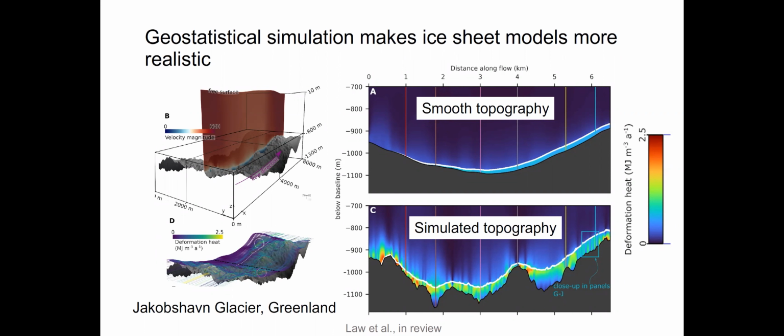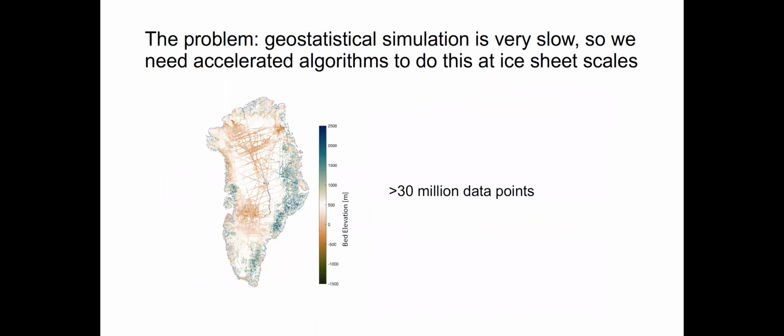So what we want to do is produce simulations like this for all of the topography of Greenland. But this is a big computational burden because we have over 30 million data points here. Greenland is thousands of kilometers long and hundreds of kilometers across. So this problem is computationally expensive.